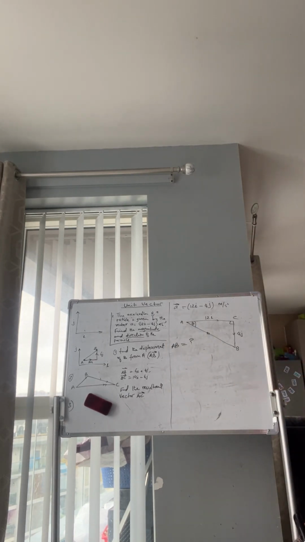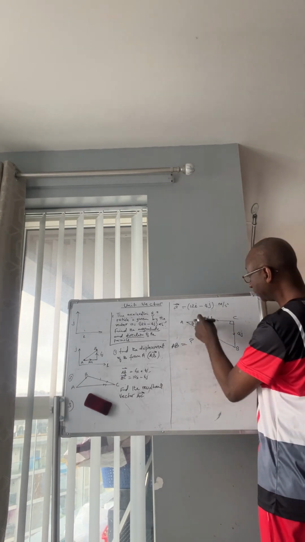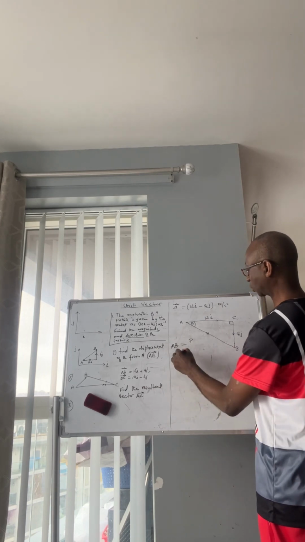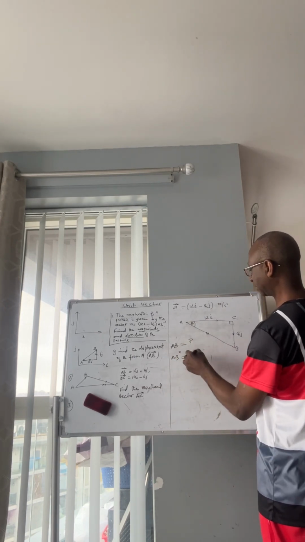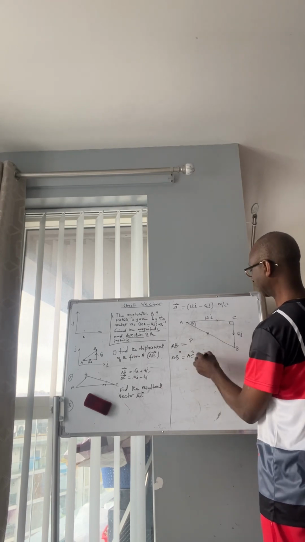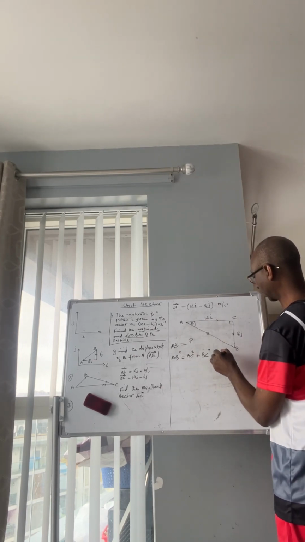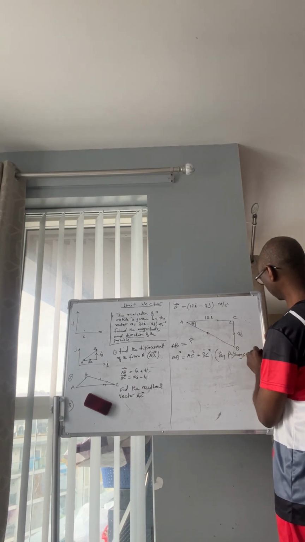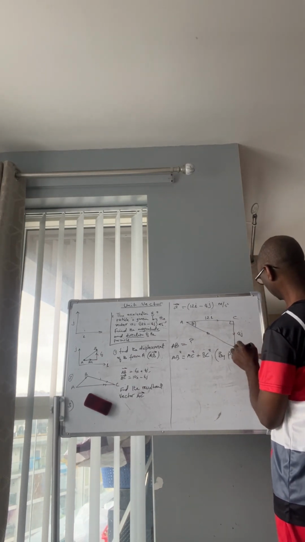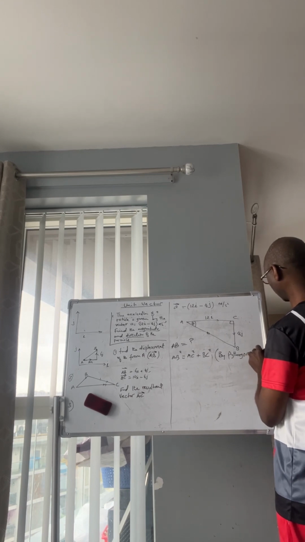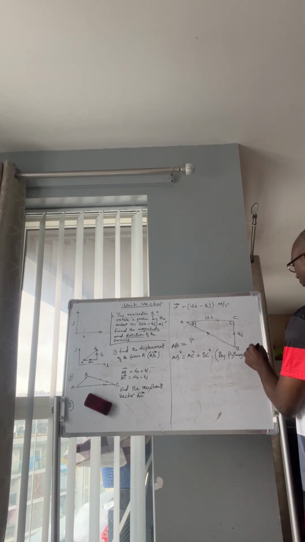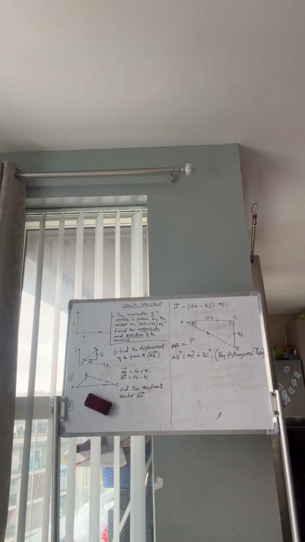This is a right angle triangle, so use Pythagoras theorem: AB squared is equal to AC squared plus BC squared. This is what you have.